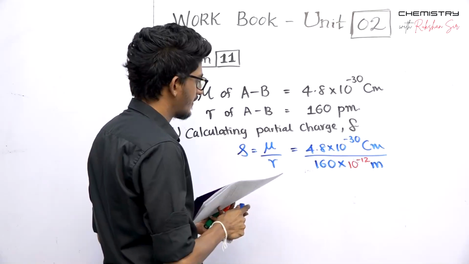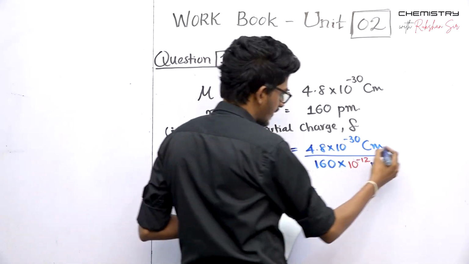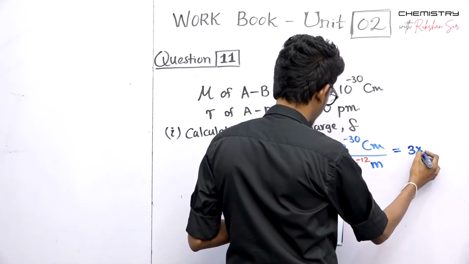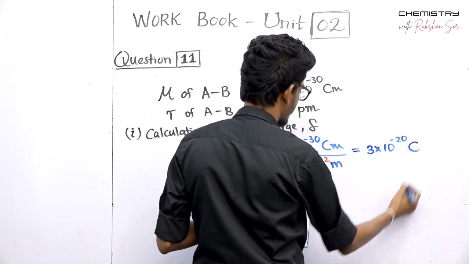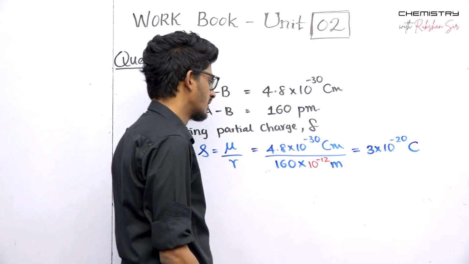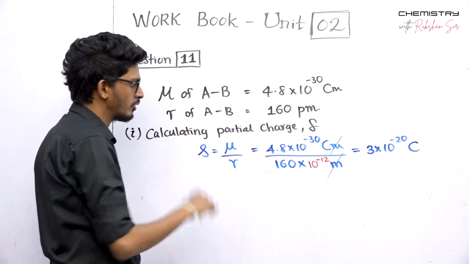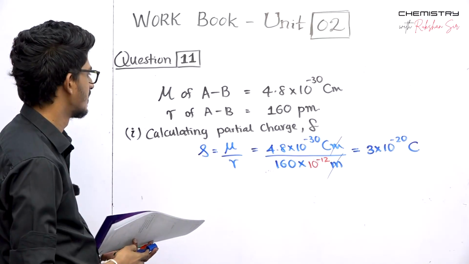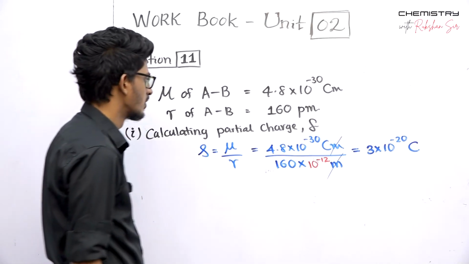So simplifying this will give you a value of 3 times 10 to the power minus 20 coulombs, as the meters cancel off. That is the partial charge on A and B, right?